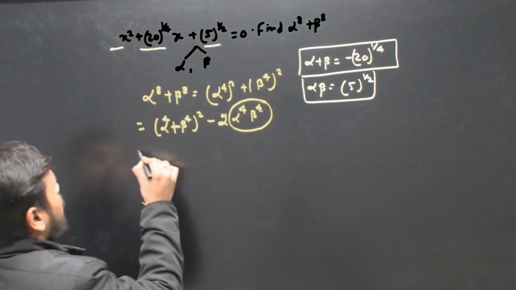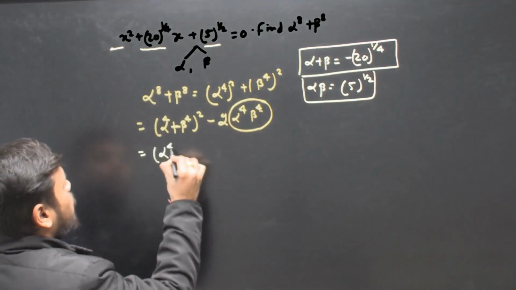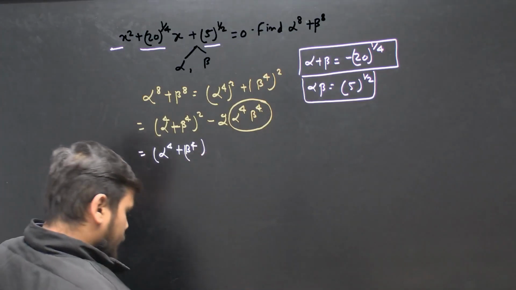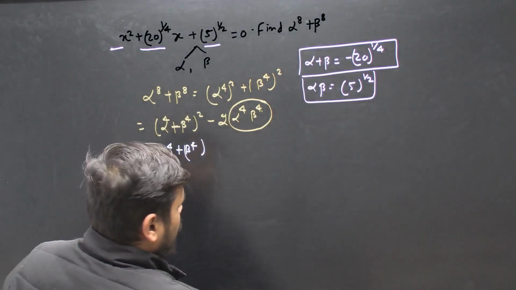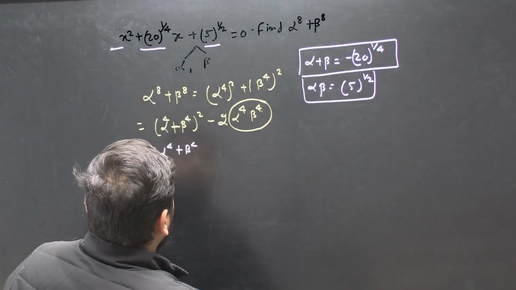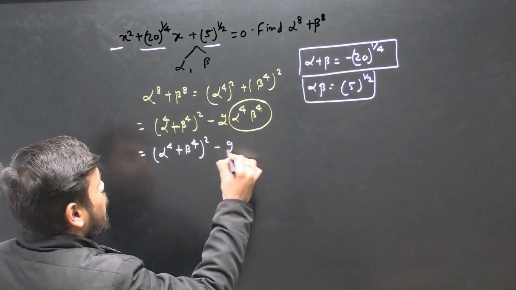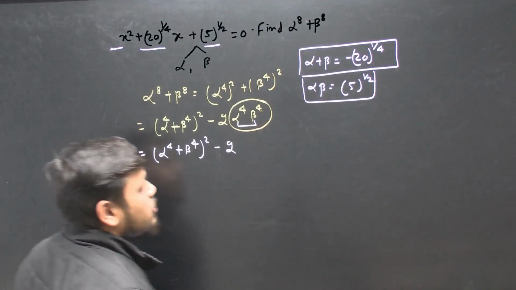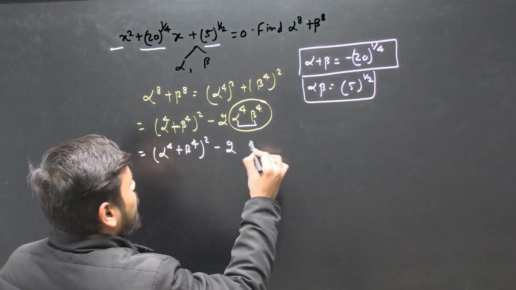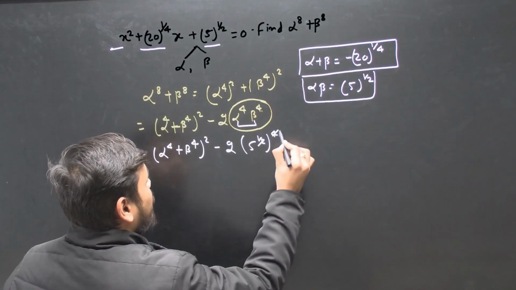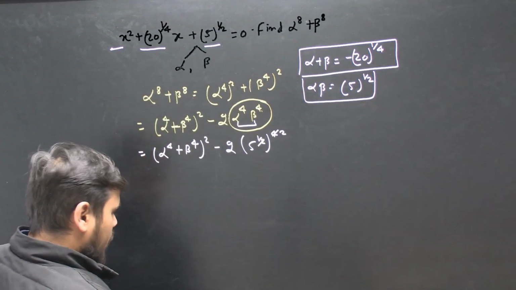So now it is alpha raised to power 4 plus beta raised to power 4 whole square minus twice of alpha into beta whole raised to power 4. So 5 raised to power 1 by 2 whole raised to power 4 is nothing but 5 square, which is 25.